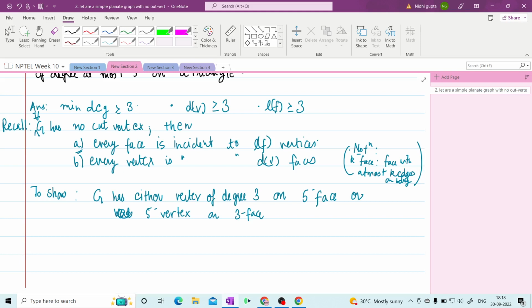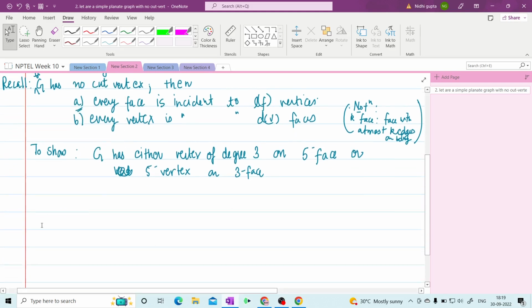The degree of a vertex is greater than or equal to 3, and the length of a face is also greater than or equal to 3. Similarly, the result we want is also symmetric: we either want a degree 3 vertex on a 5 minus face, or a 5 minus vertex on a 3 face.